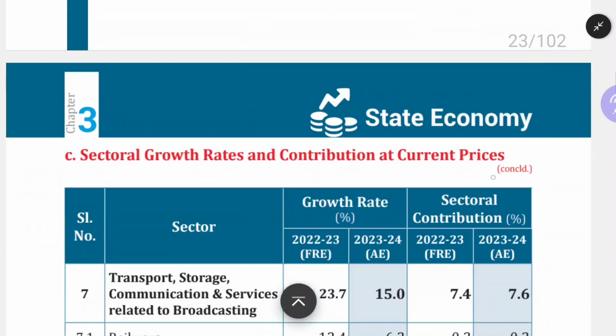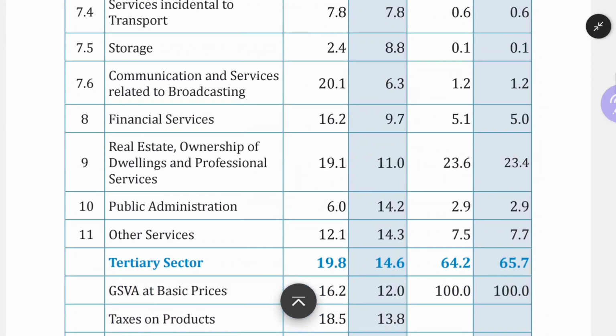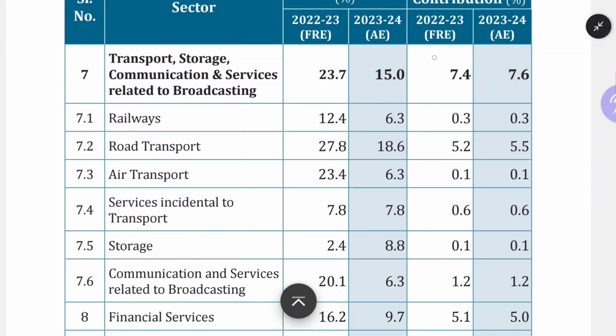Then the third highest contributor to the service sector, with regard to growth, is transport, storage, communication services related to broadcasting, at 7.6%.